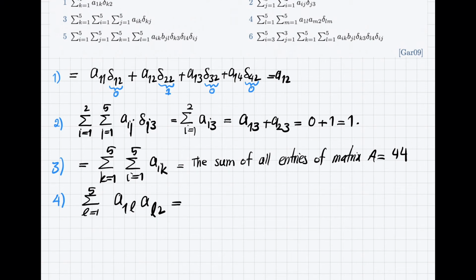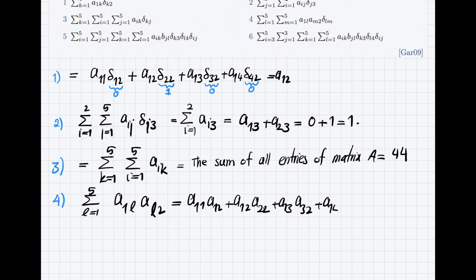I have to expand this sigma. So this becomes A11, A12 plus A12, A22, A13, A32, A14, A34, A32. I made a mistake.